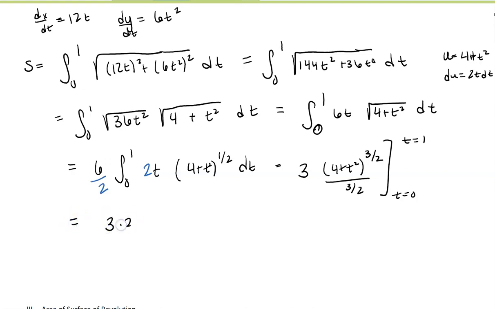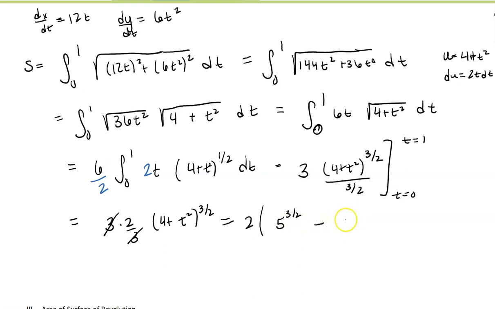So I have 3 times 2/3, so those 3's cancel, times 4 plus t squared to the 3/2. So we'll have 4 plus 1 squared, that's 5, and it's to the 3/2 power. So 4 plus 1 is 5 to the 3/2.